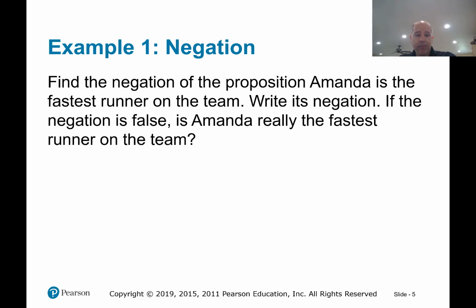So if Amanda is the fastest runner on the team, and that is a true statement, and we want to make the opposite, let's first define P. We would write this symbolically to make it easier to write.